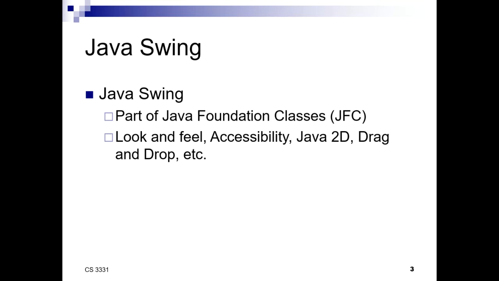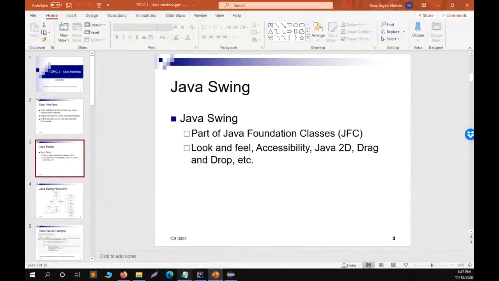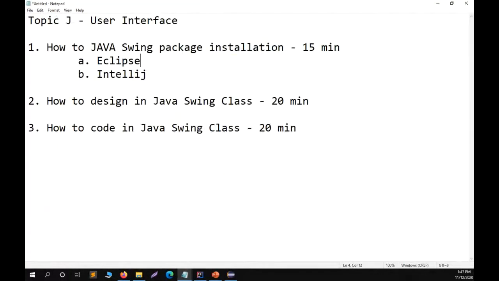One of the frameworks needed to develop user interface is called Java Swing. Today I will show you how to install Java Swing. I divided the session into 3 parts. I want all of you to practice with me so that you can ask me questions in these 3 parts.